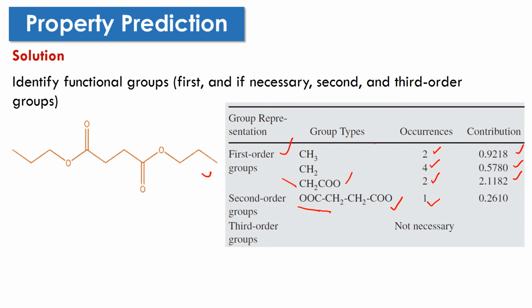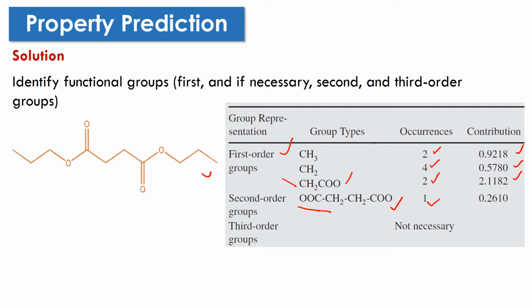It's only that we add a higher level description in terms of second order, so that we can improve the information in terms of the structure of the molecule. Normally second order is used to differentiate between isomers, for example. But I think it's better for you to read the paper.